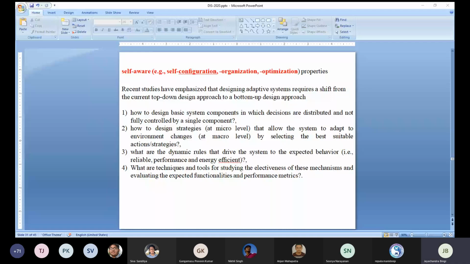The third one is, hope the slide is visible, self-aware. Self-aware is a very important thing, where self-configuration, self-organization, and self-optimization properties come under. So what is meant by self-aware? Do you know at least about this?